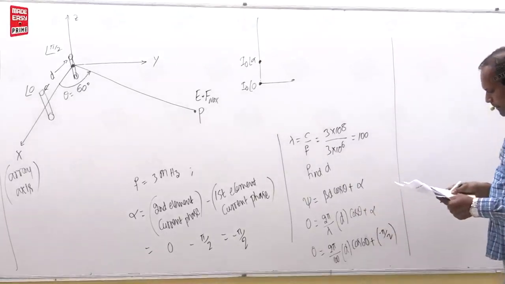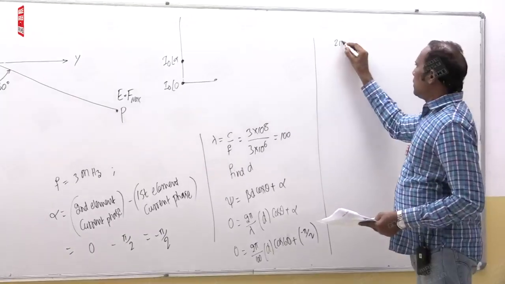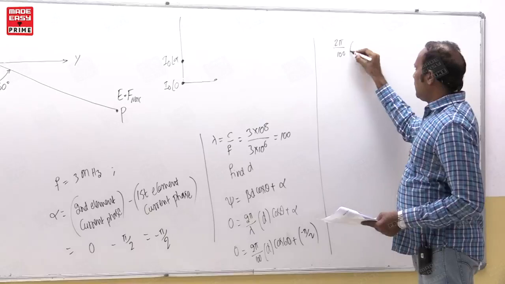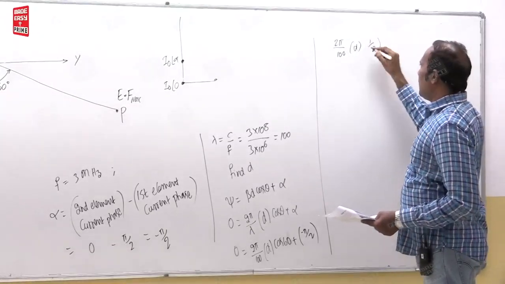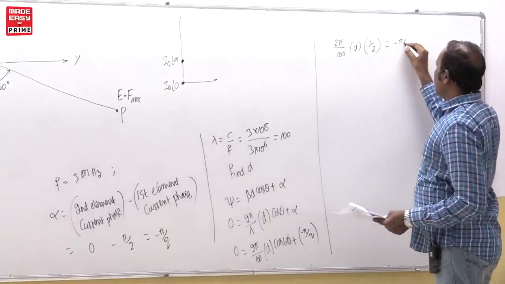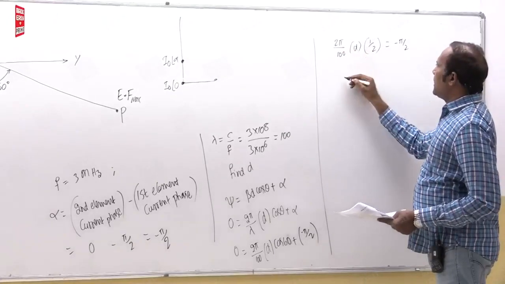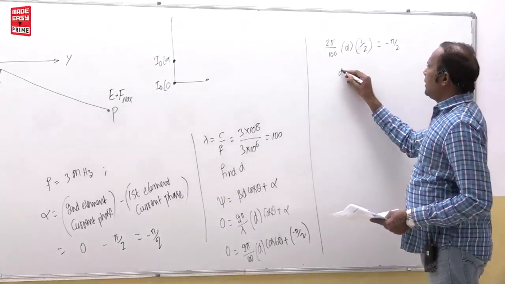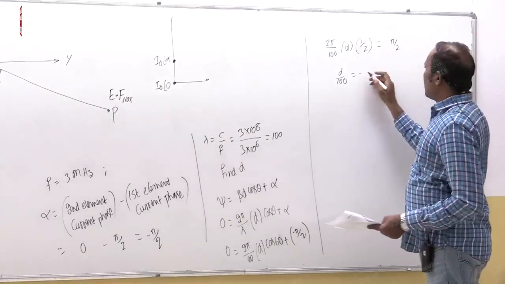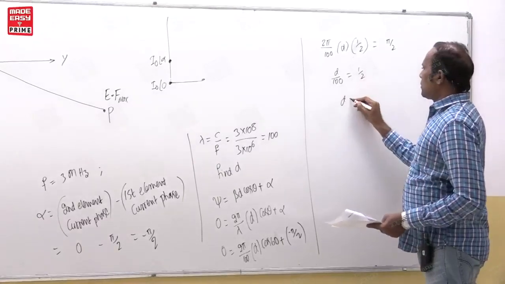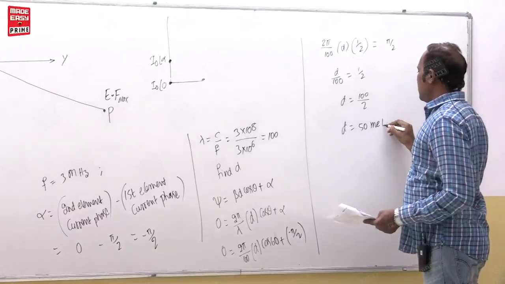So from this you can find, 2 pi by 100 into D into cos 60 is what, student? That is half, na? Is equal to minus pi by 2. Pi cancel. Here 2 cancel. D by 100 is equal, minus is not there, na? D by 100 is equal to 1 by 2. So D is equal to 100 by 2. That means D means 50. 50 meters it should be.